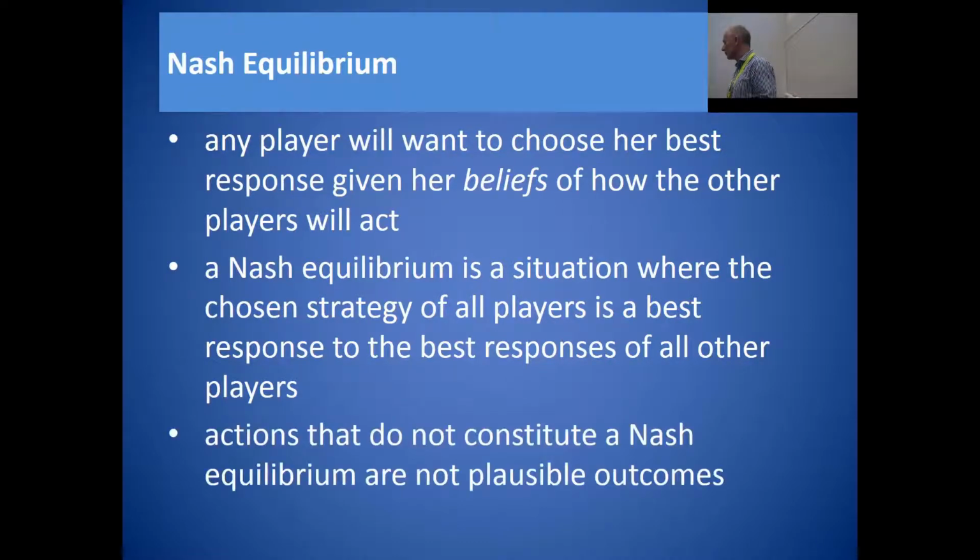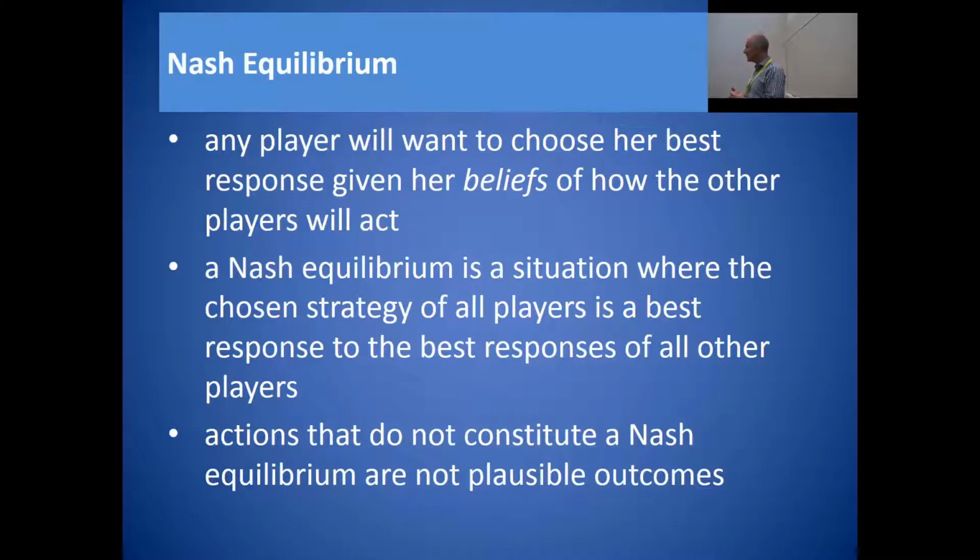Now the natural extension to this then, what about those outcomes that aren't Nash equilibrium? What would that mean? Could that constitute a plausible outcome? Well, I just want you to reflect upon that definition that I gave. In a Nash equilibrium, all players are choosing optimal responses, best responses.